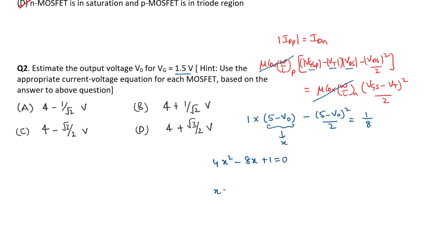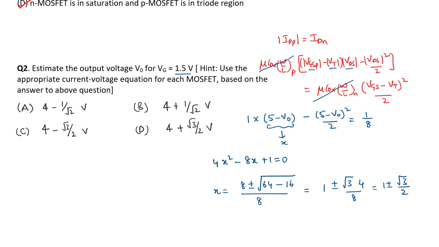We can write x is equal to 8 plus or minus square root of 64 minus 16 divided by 2a, which is 8, is equal to 1 plus or minus square root of 3 times 4 divided by 8, which is equal to 1 plus or minus square root 3 by 2.